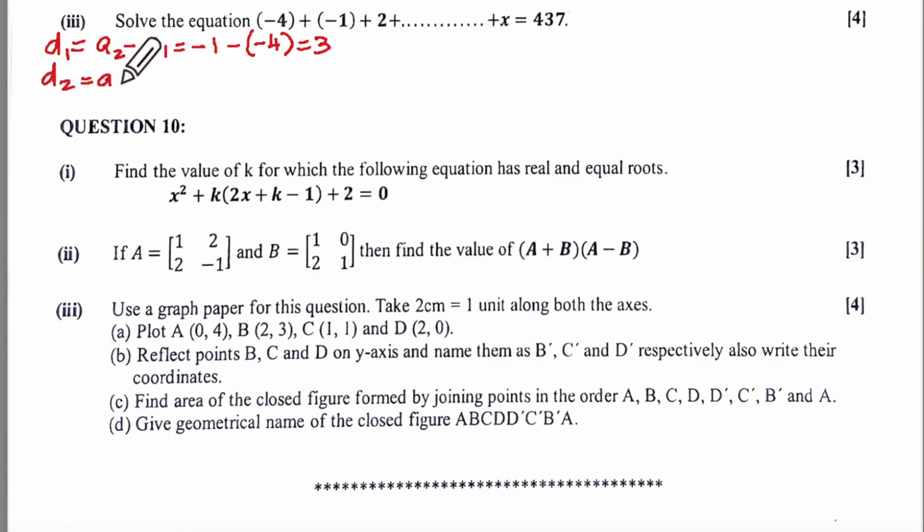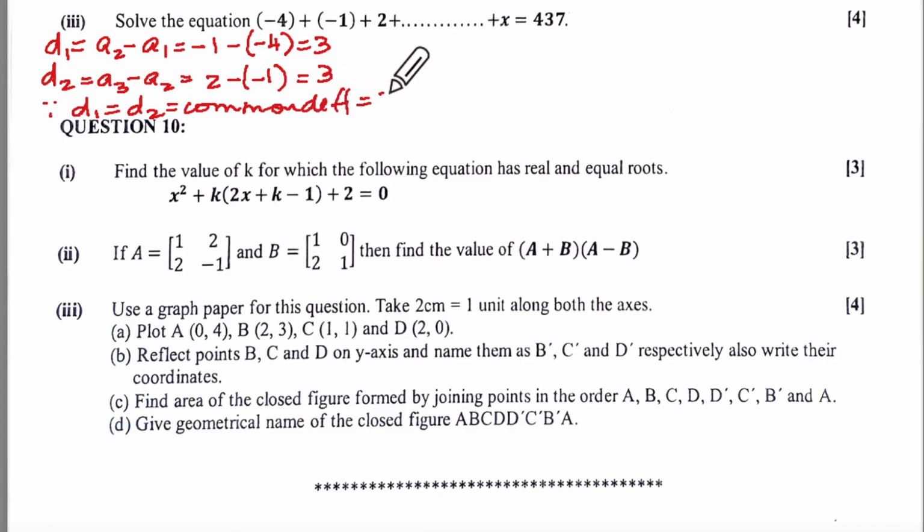D2 will be equal to A3 minus A2, which is 2 minus minus 1, again 3. Then you'll say since D1 equal to D2 equal to common difference equal to 3, therefore it is an AP. And this will be your 1 mark.